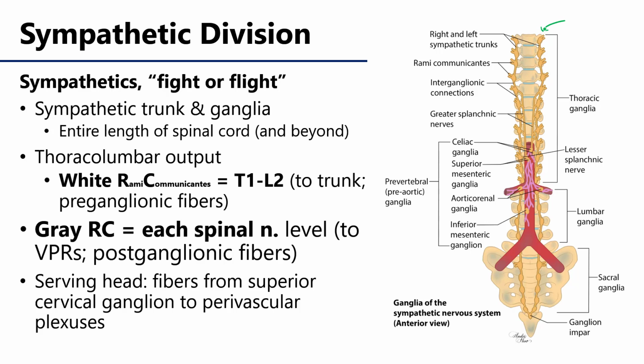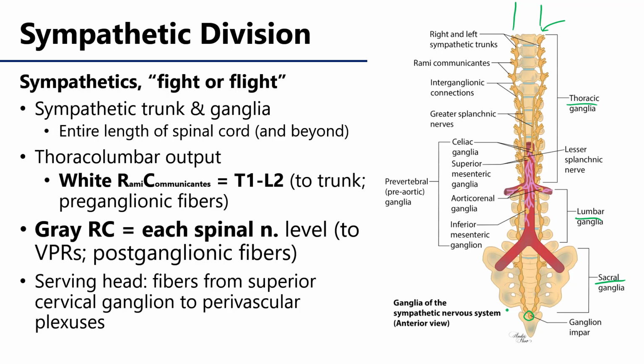These trunks run the entire length of the spinal cord and vertebral column and beyond, as we'll see. So we can't see the cervical sympathetic trunks here, but we can see the thoracic trunks, the lumbar trunks, the sacral trunks, all the way down to where they join at the ganglion impar, just anterior to the coccyx.